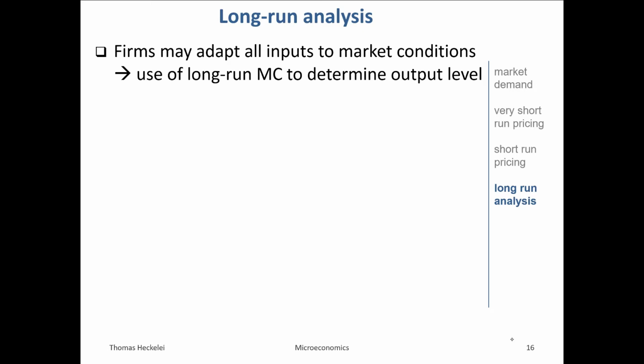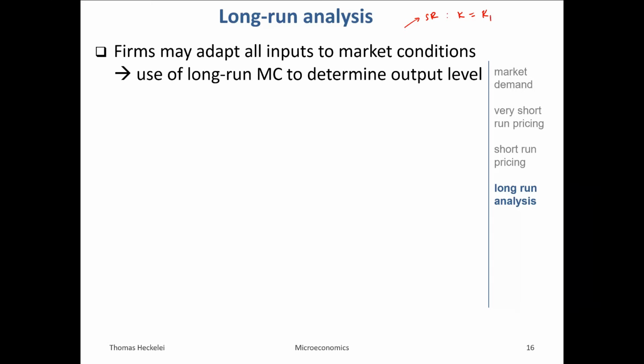Meaning what? Remember, before when we talked about long run and short run costs, we also said that in the short run, which I abbreviate as SR, capital K is typically assumed to be fixed at a certain level K1.